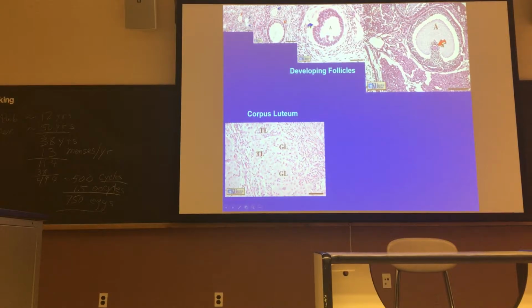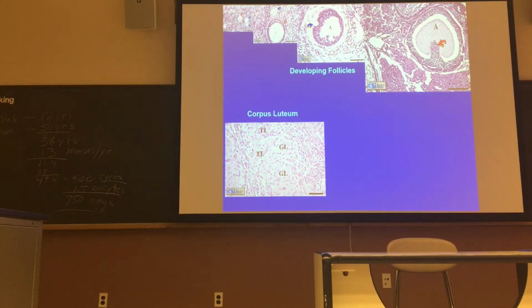This particular section was not done very well histologically, because this space, this white area, is not really present. It's an artifact of shrinkage during preparation of the slide. So this material would extend all the way to the granulosa cells out here.